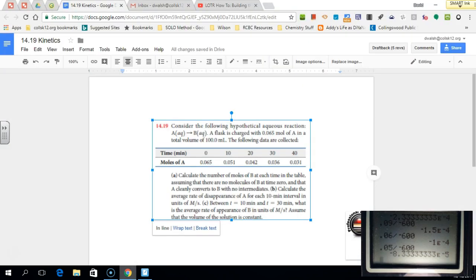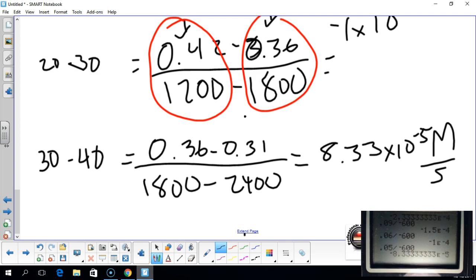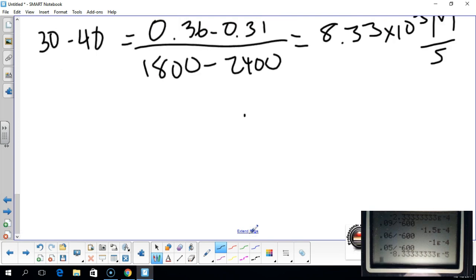Now for part C of that same question, it says between 10 and 30 minutes, what is the average rate of appearance of B? In order to find the appearance of B, we have to find the disappearance of A. This is a related rates problem, so for part C we're going from 10 to 30 minutes.